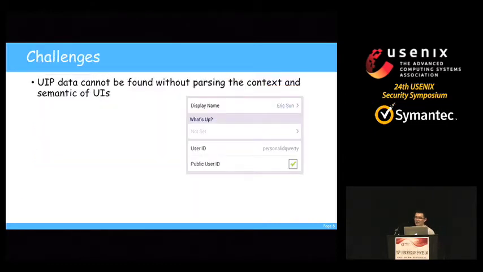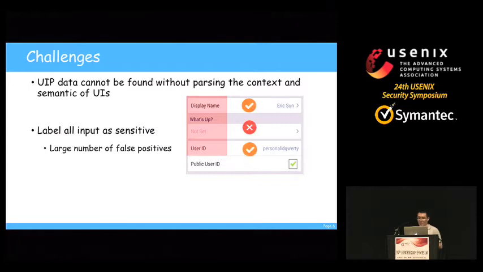Unlike system-managed user data, which can be easily identified from a few API functions, the UIP data cannot be found without parsing the context and semantics of the user interface. A straightforward approach is to mark all inputs as sensitive, which is clearly overkill and will cause a large number of false positives.